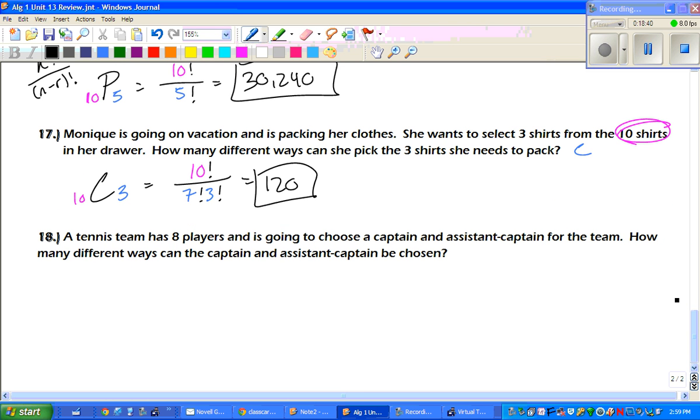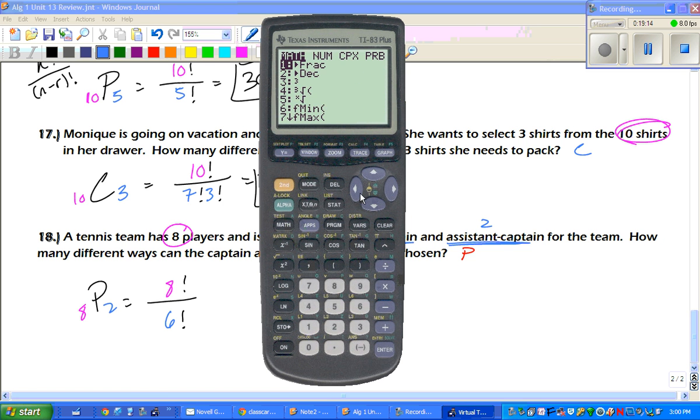And the last one, a tennis team has 8 players and is going to choose a captain and assistant captain. Does order matter for this? Yeah, because you're either the captain or the assistant. So we're doing a permutation. We have a total of 8. Well, what's the part? That's the captain and the assistant captain, which is 2. So the 8 goes on the top. 8 minus 6 is 2. You write the number that's there, which is 2.